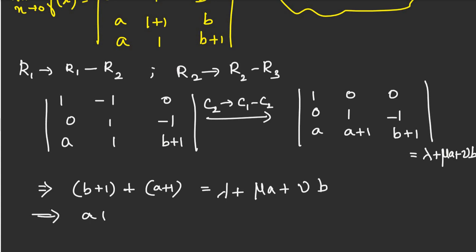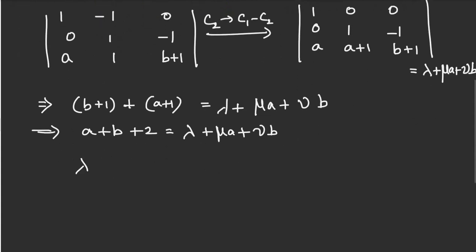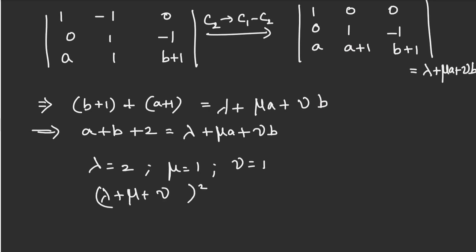So a plus b plus 2 is equal to lambda plus mu a plus mu into b. Comparing the terms, we get lambda is equal to 2, mu is equal to 1 and mu is equal to 1. Therefore, lambda plus mu the whole square will be 2 plus 1 the whole square, which is equal to 16.